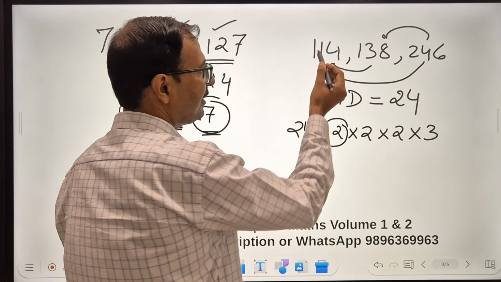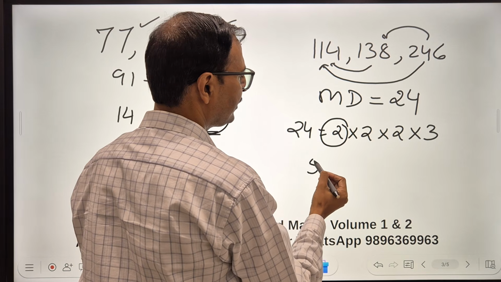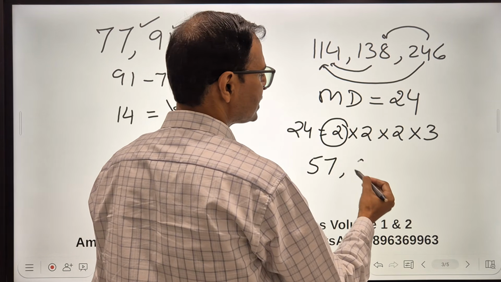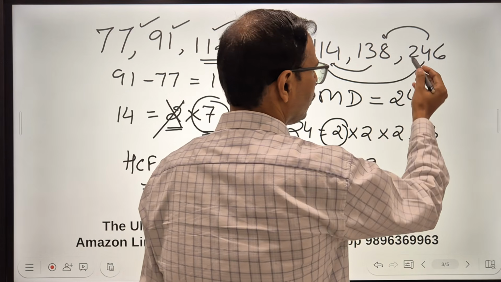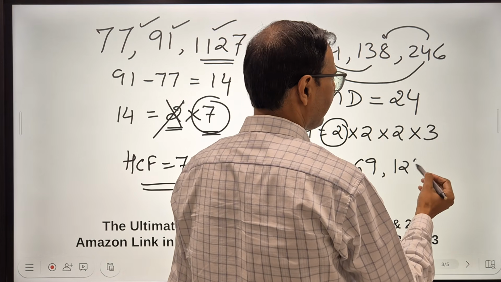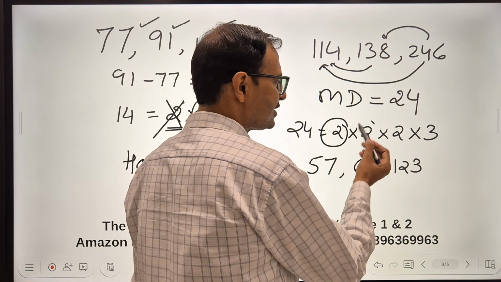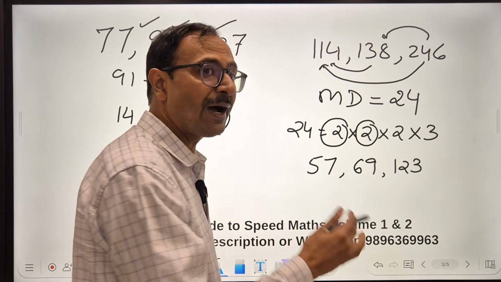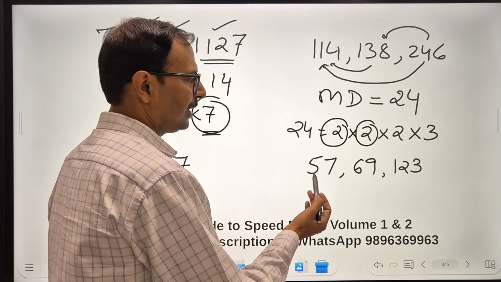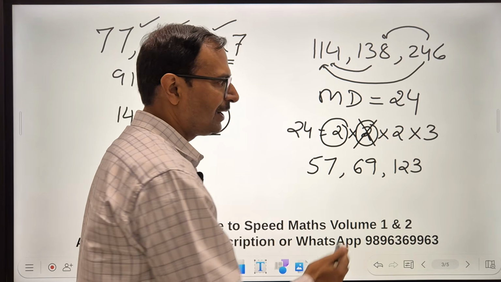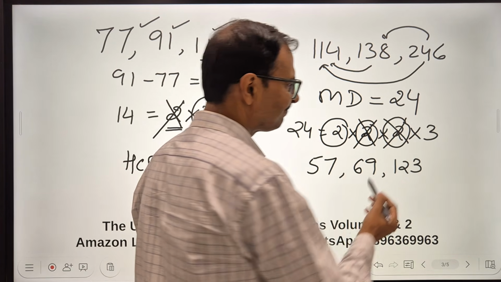So if I divide 114 by 2, I get 57. 138 by 2 is 69. 246 by 2 is 123. And now I'll be checking whether this 2 divides all these 3 or not. I have to take the quotients now. Odd number, odd number, odd number. 2 will never divide all these 3. Likewise, another 2, never divides.